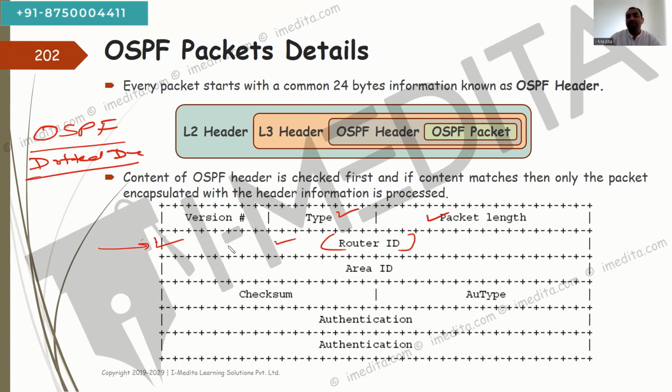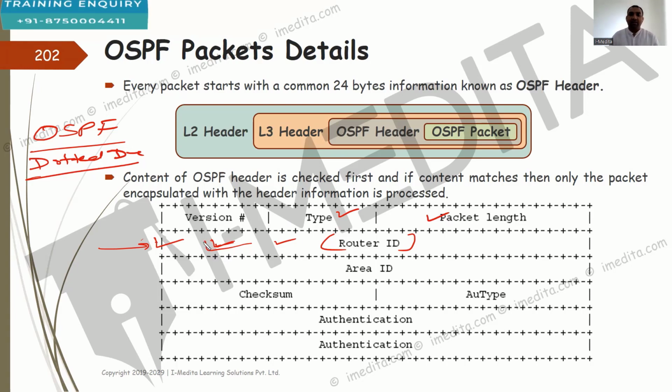One more thing you should remember: if you do not allocate the router ID manually, OSPF can pick it automatically. If you never allocated the router ID manually, it will look for the highest loopback interface IP. If you created any loopback interface on your router, it can pick an IP address from that loopback.